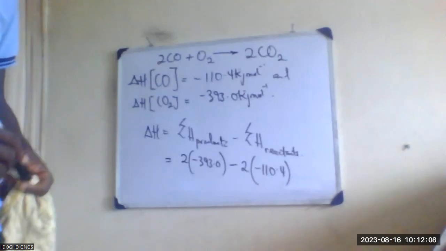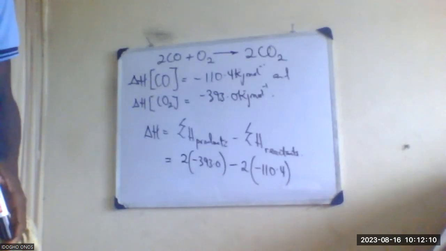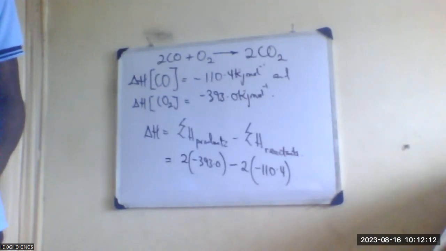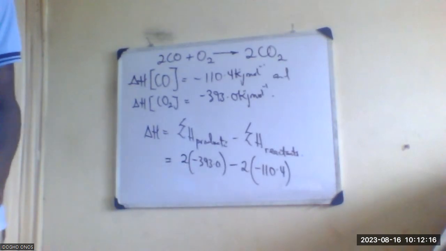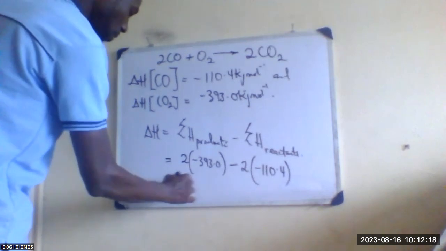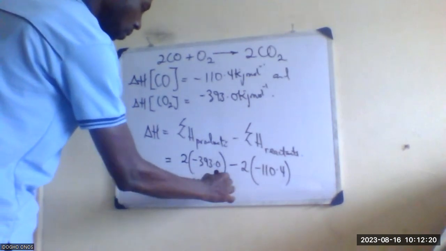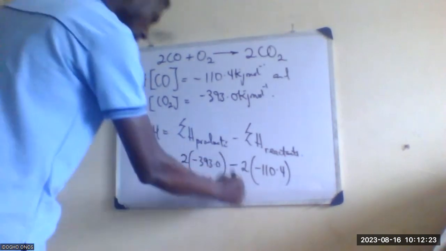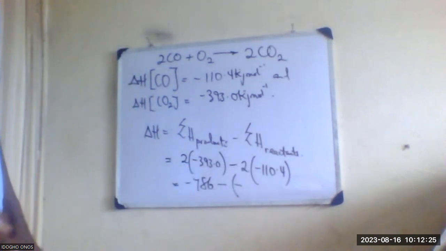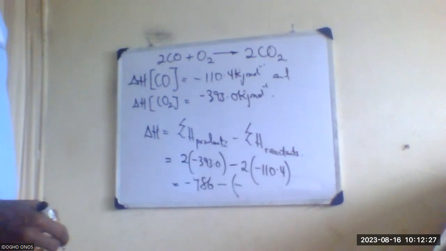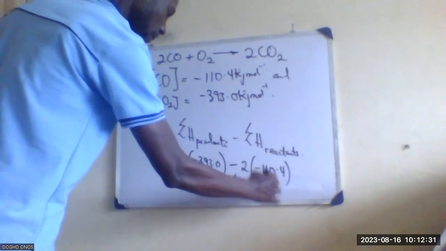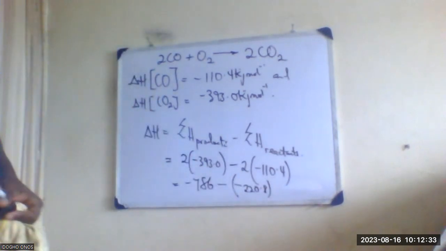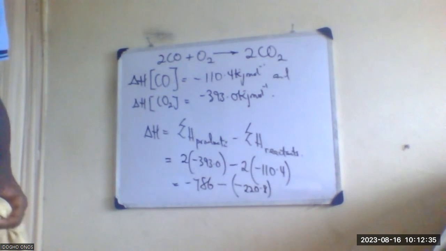Okay. Then you open your bracket by multiplying. If you multiply this, that will give me minus 786. So this is minus 786 minus brackets minus 220.8. Are you with me? Yes.